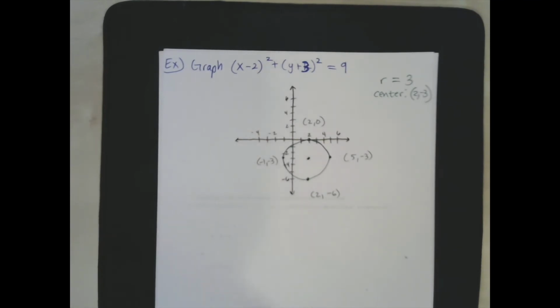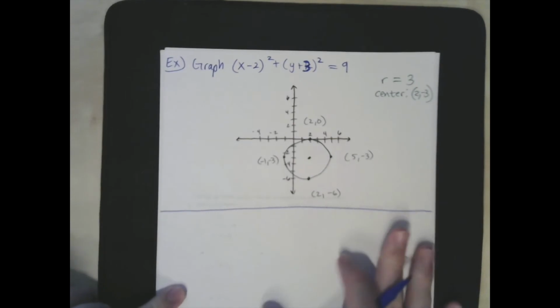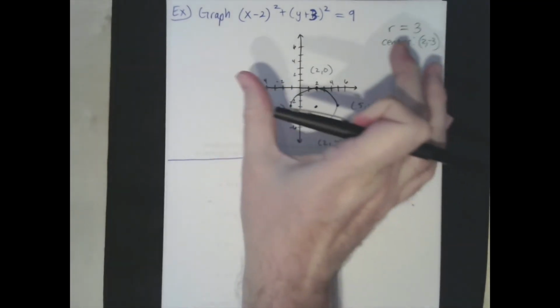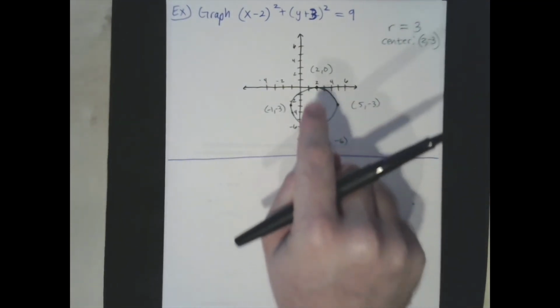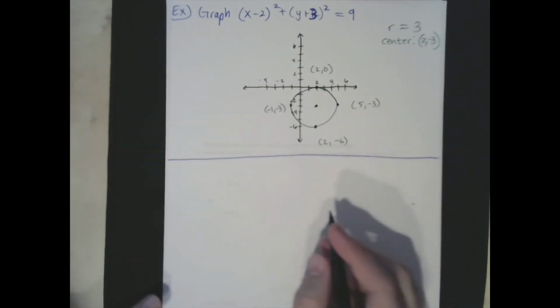Now, we're not going to spend too much more time here graphing circles. You're going to get plenty of practice in your homework. The big thing with circles is that we're not often given standard form. So when it's like this, you can see it's really easy to graph. Identify your center, identify your radius, plot the center, move out your radius up, down, left, and right, and you can graph your circle.